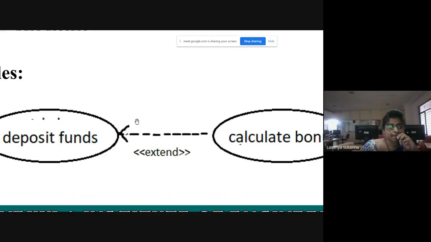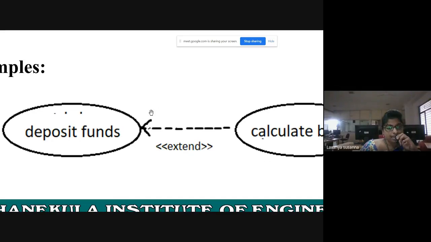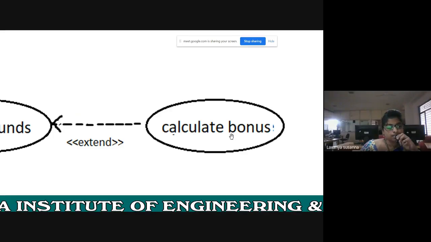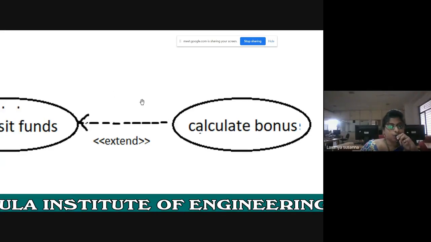For example, if current balance is greater than 10,000, then only you need to calculate some bonus. I hope you understood. When that condition is met, then only the calculate bonus use case will be executed.